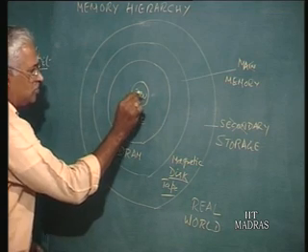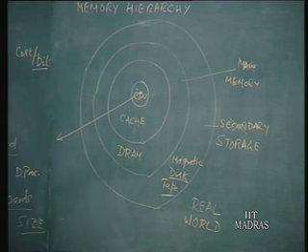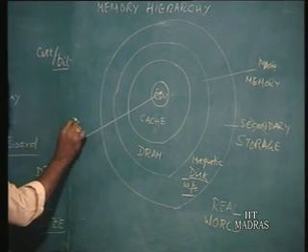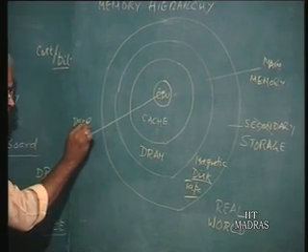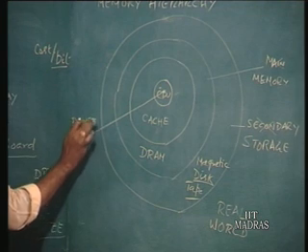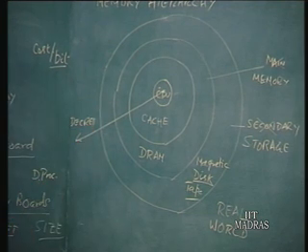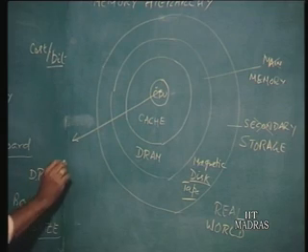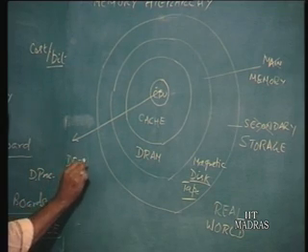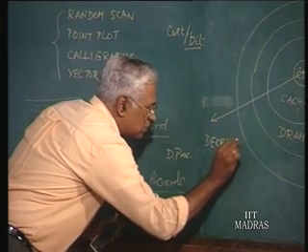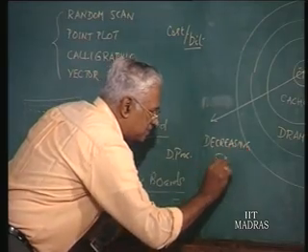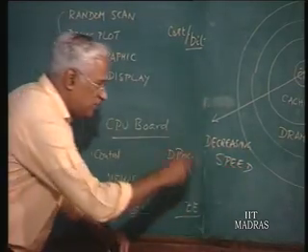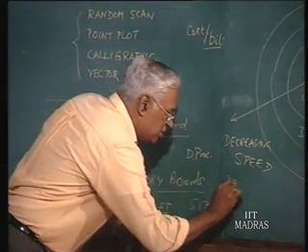When you go out, what we have is decreasing speed, right. When you go out, you have decreasing speed right here. Decreasing speed, and also the same thing as decreasing cost.